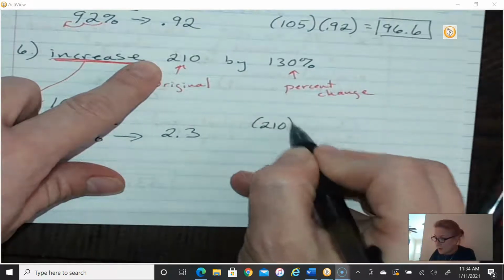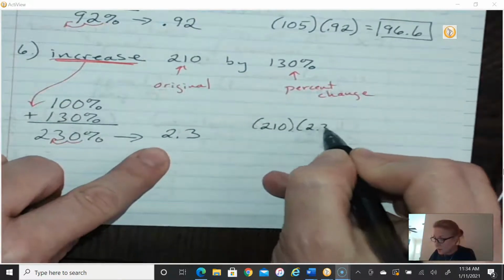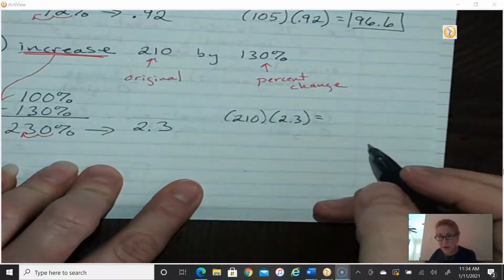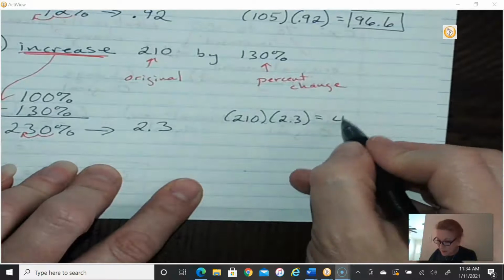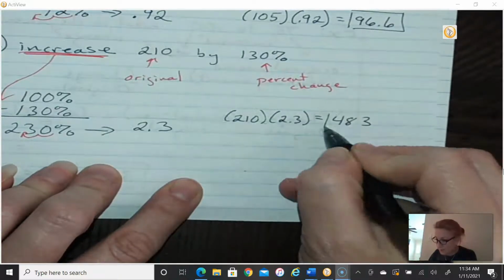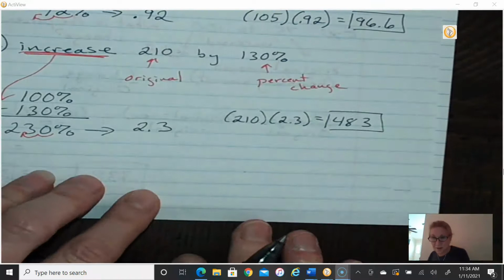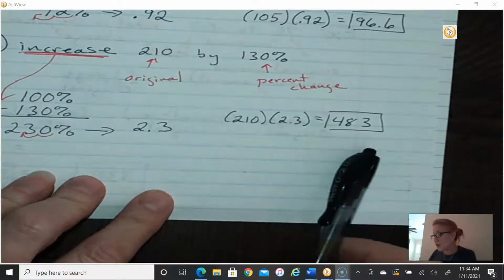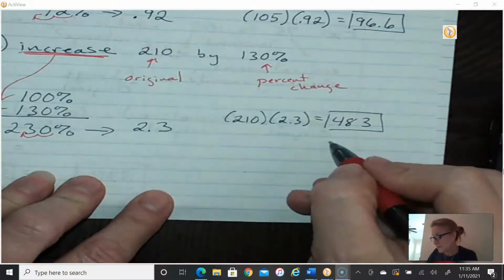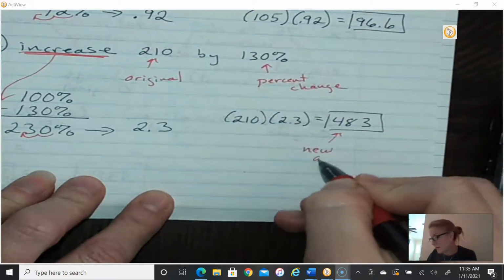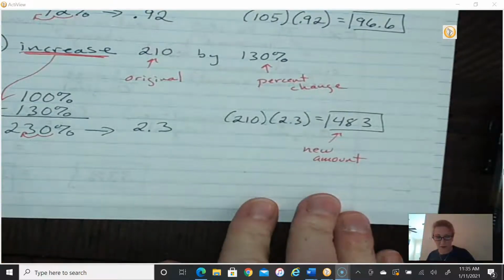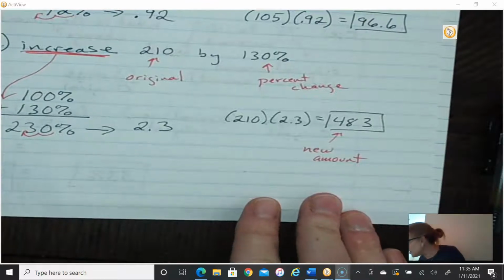So 210 times 2.3. You can either work it on paper, or you can use calculators, I don't care. You get 483. If I was there, I might do things differently, but since I'm not, making it easy. So that is your new amount. Okay, there you go. That's how you do those problems. All right, now let's look at 8.